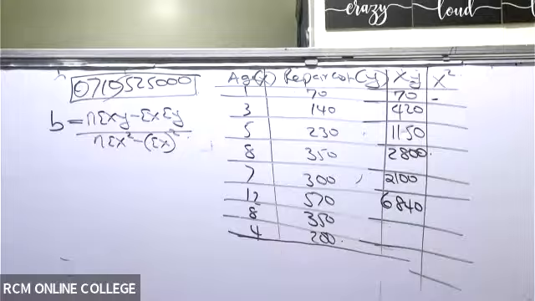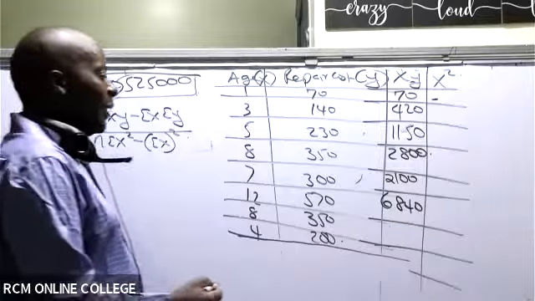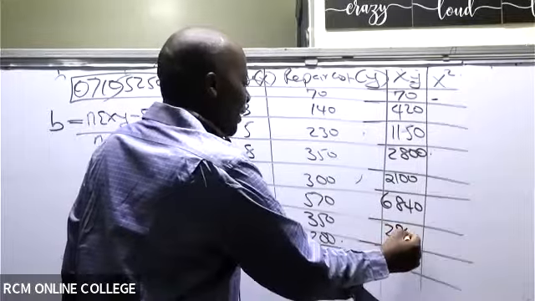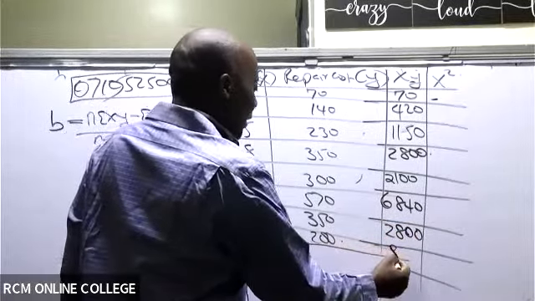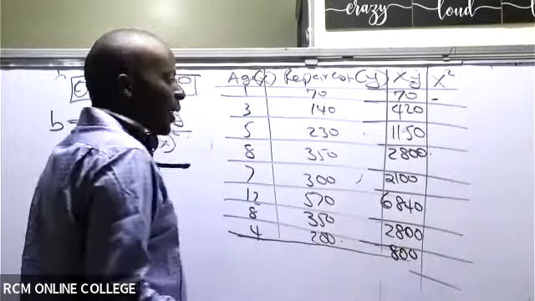I like when I see all the students participating, then I'll be able to give them many great revision classes. So Sarah gives me 2,800. And then lastly, we have 4 times 200. This gives me 800.